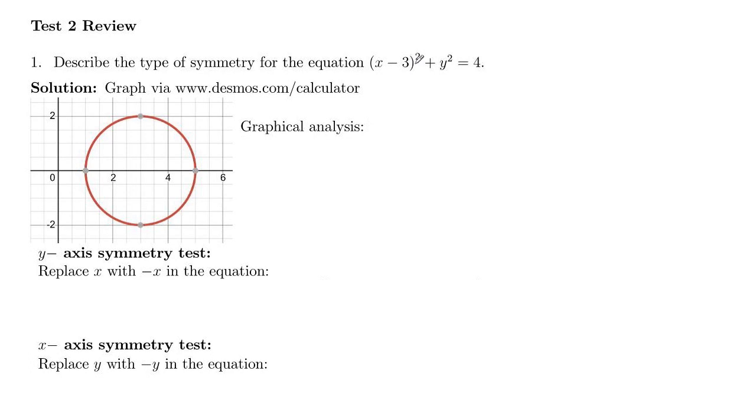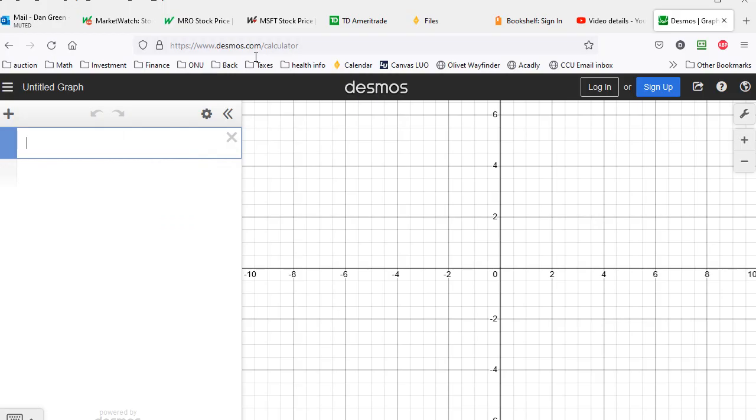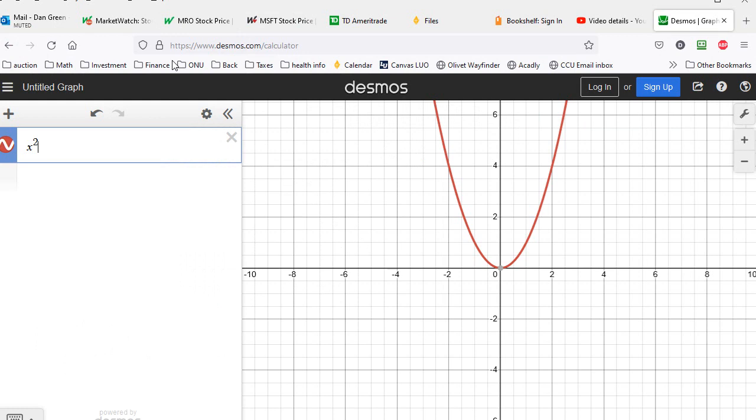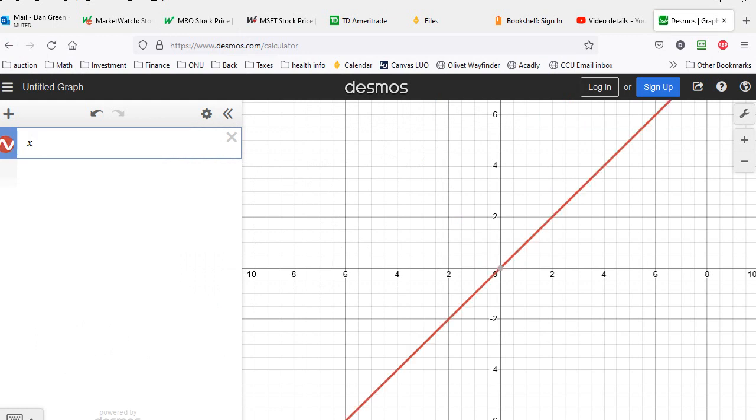You'll use carets to get your exponents here. So let's go ahead and do that real quick. Here I'm at desmos.com calculator, and we want to just enter in here. We've got an x, and then I'm going to do a caret 2. And what was the rest though? x minus 3 squared plus y squared equals 4. So we'll get rid of our exponent there.